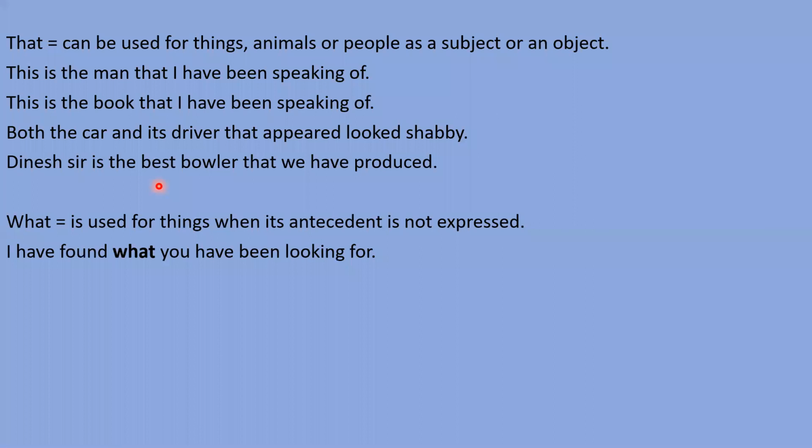I have found what you have been looking for. You can see that the antecedent of what we haven't written, right? I have found that which you were looking for. So we haven't written any antecedent of what, so we use what when we don't write the antecedent.